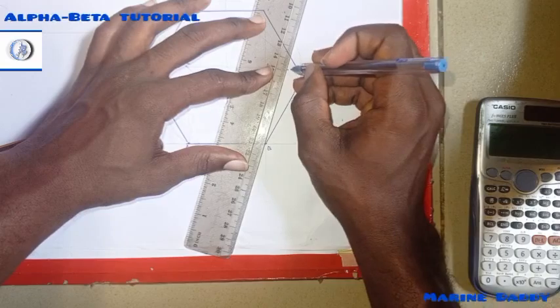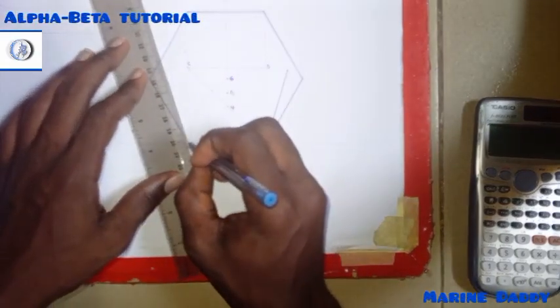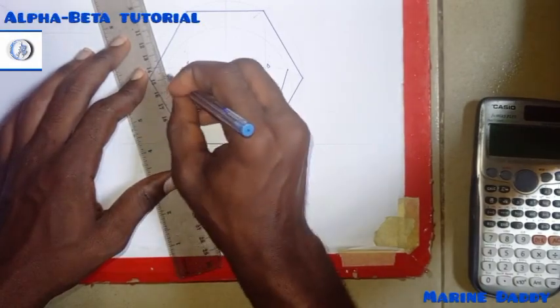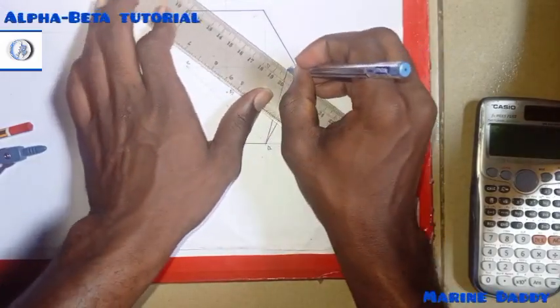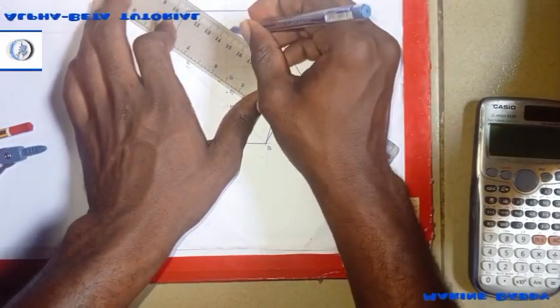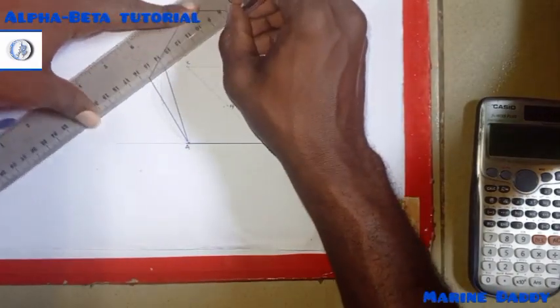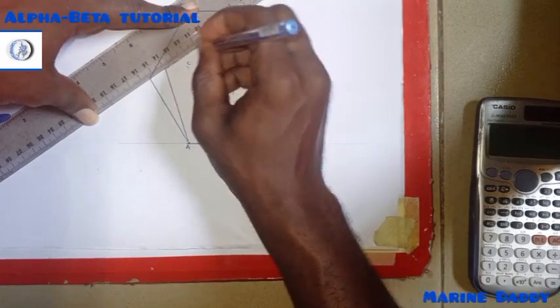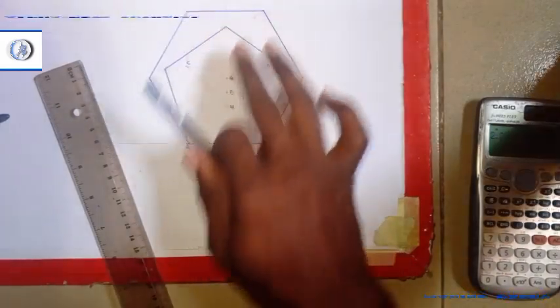So I just have to draw a straight line to this place, this one here, this place to this place. So this is for the pentagon and this is the hexagon.